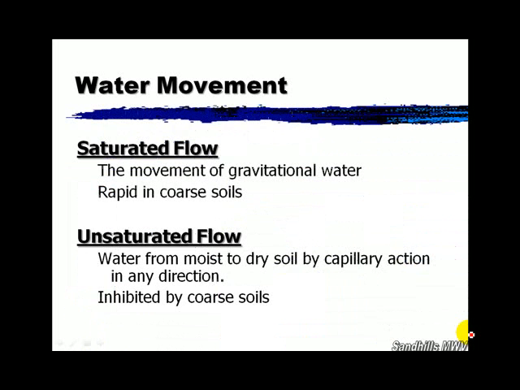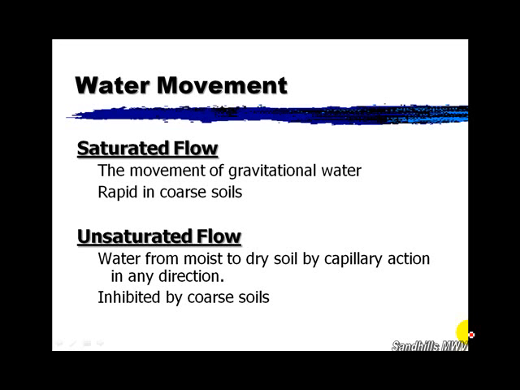So water is always moving through the soil. In a saturated flow situation where we have water on the surface that needs to go down, it's going to move rapidly through gravitational water. Unsaturated flow in all the other directions is a slower process, and it's going to be inhibited by coarse soils. You can think about that. The micropores are going to be further away from each other.